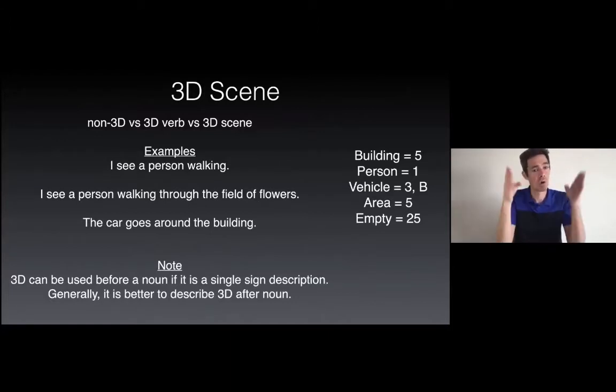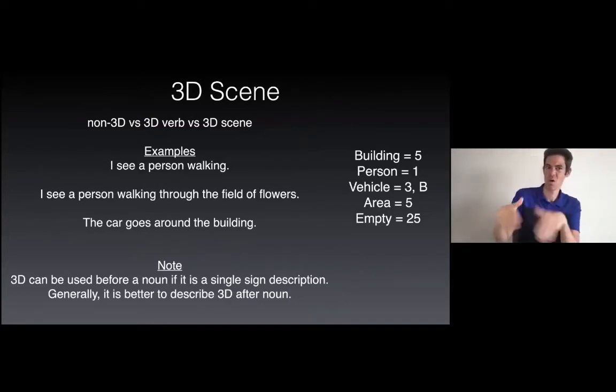So if this is in non-3D, I saw a person walking. 3D as a verb, I saw a person walking. And now if you put the scene in, I saw a person walking. And so this person, you're focusing on the person. So the 3D scene is something that you can see a little bit, the perspective is a little bit clearer.